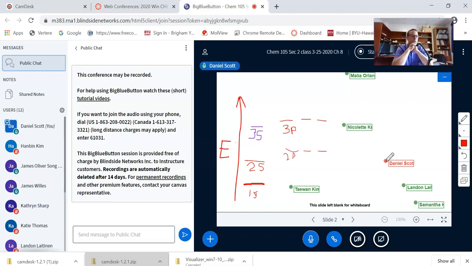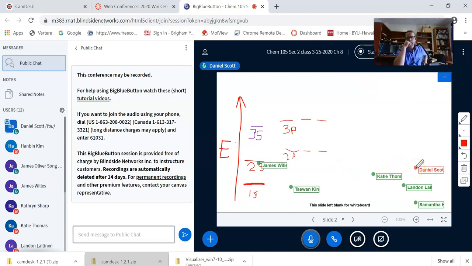Now, I don't know if you guys have a periodic table in front of you, but we have to look and see what's after the 3p. Or maybe you already know. Landon, do you want to write in there what's next above 3p? Wouldn't it be 4s? That's right.